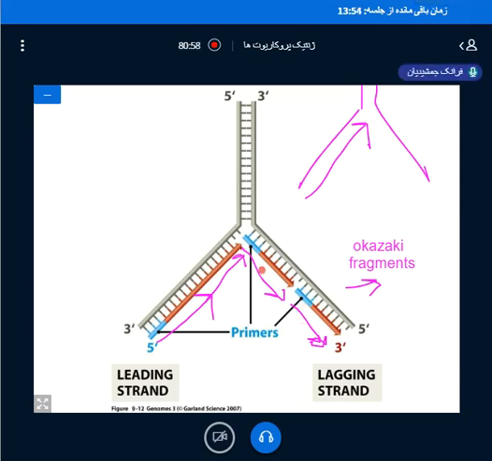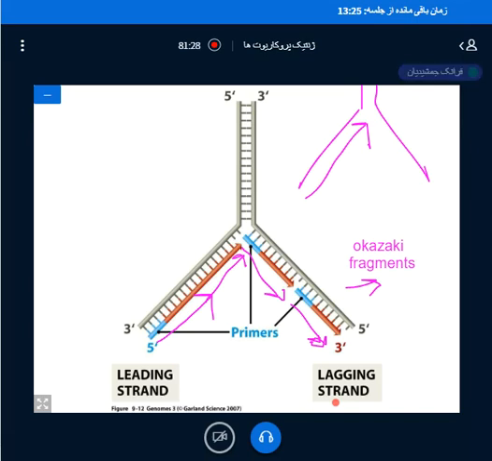Did you know? After that, these Okazaki fragments connect to each other. We call this the lagging strand.